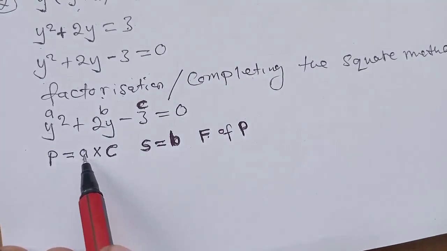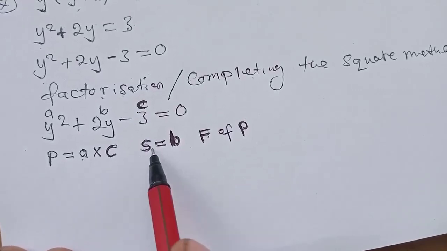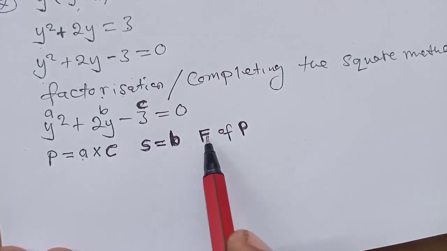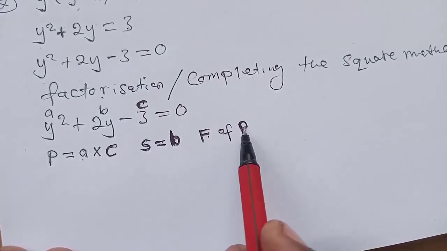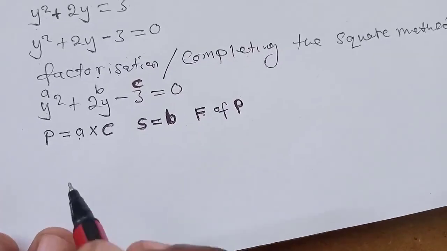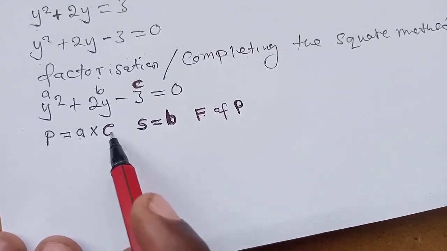Here we multiply a by c, S is for the sum, which is equal to b, then the factors of the product. P is the product.